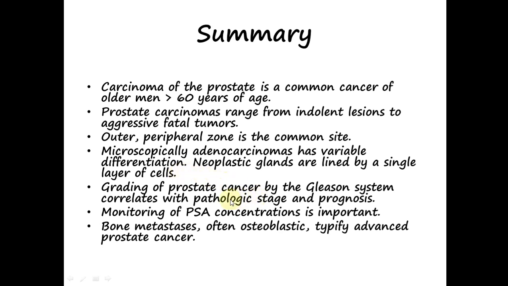And we may also use the Gleason system by examining the primary and secondary patterns. The primary is the most frequent and most common, and the secondary pattern would be second to the primary, and then by the Gleason system of scoring and grading we can give a stage to the prostate cancer.